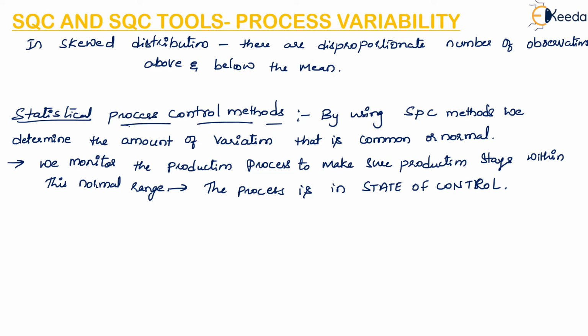So statistical process control uses the tool called the control chart. Now we will learn about developing control charts.